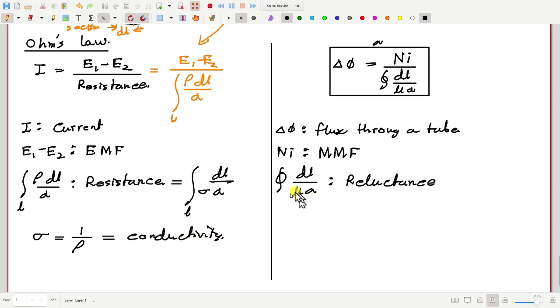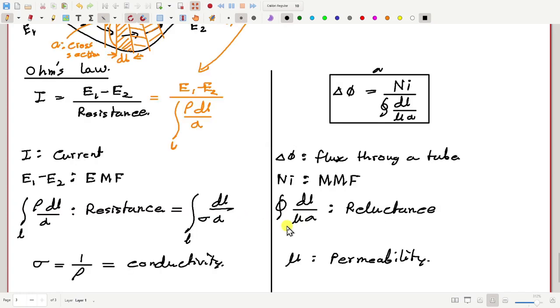Analogously here, mu is called the permeability. So you see the equation of flux and the equation of current look similar.